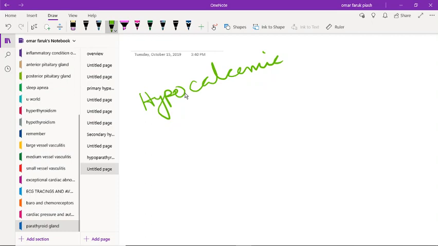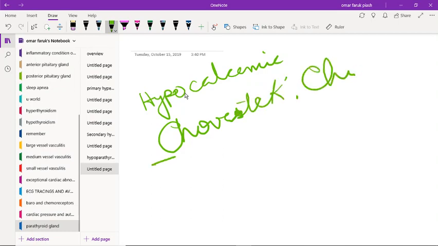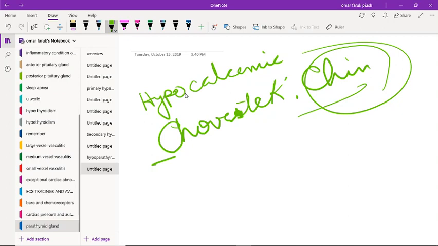Chvostek starts with C, so remember the C, that means cheek. If you tap the facial nerve, the facial muscles start twitching, and this is Chvostek sign.